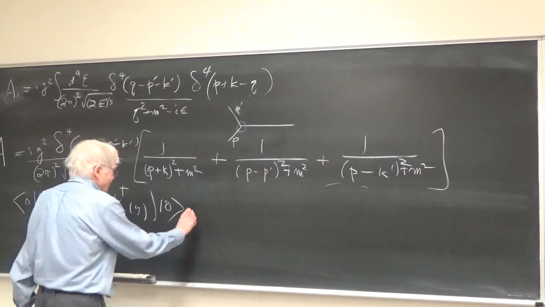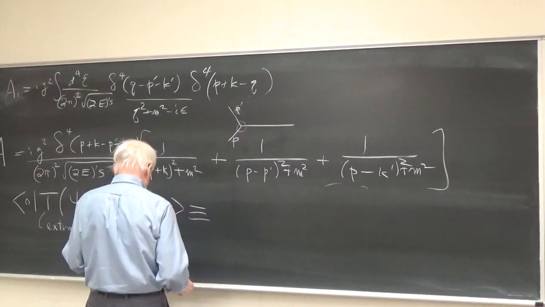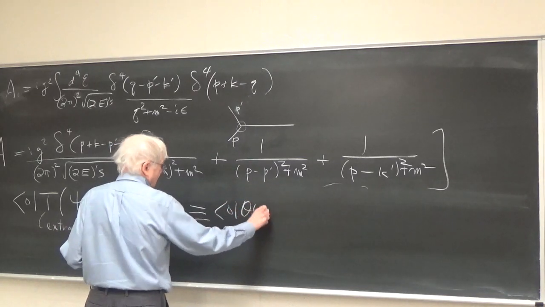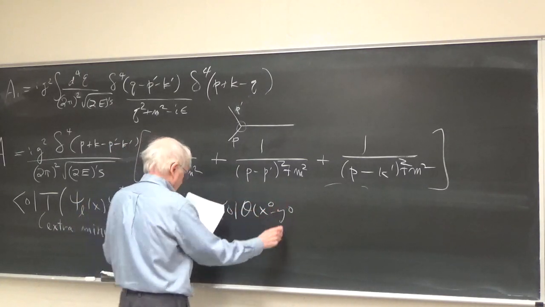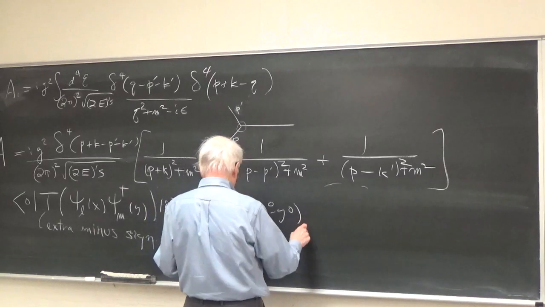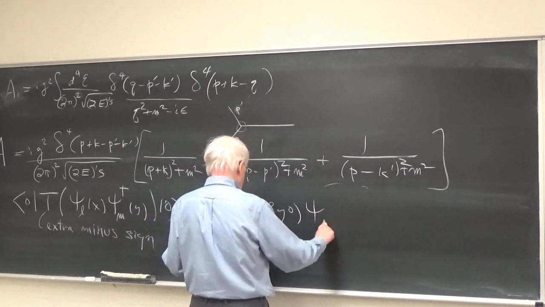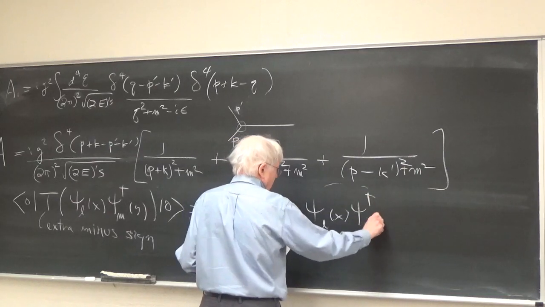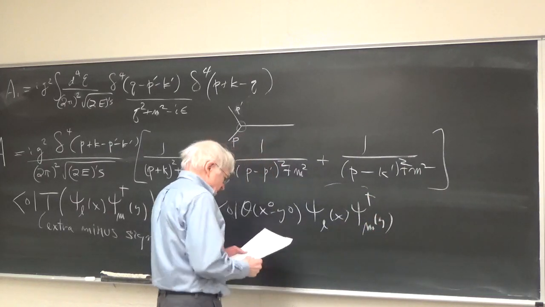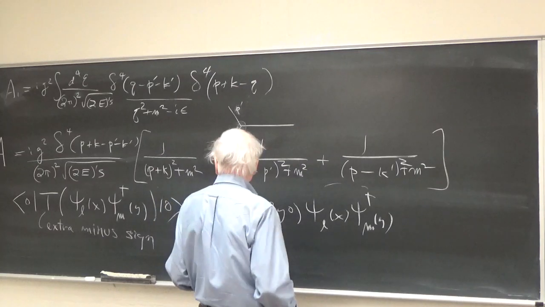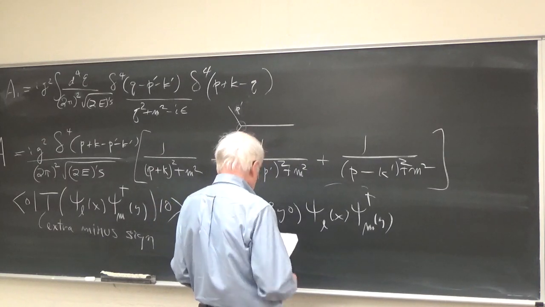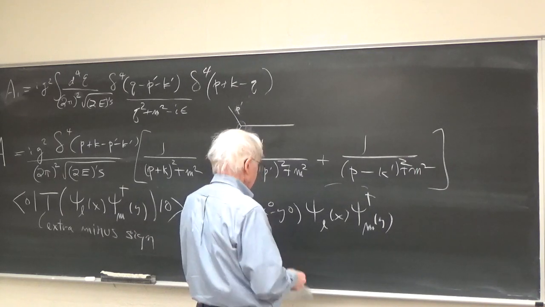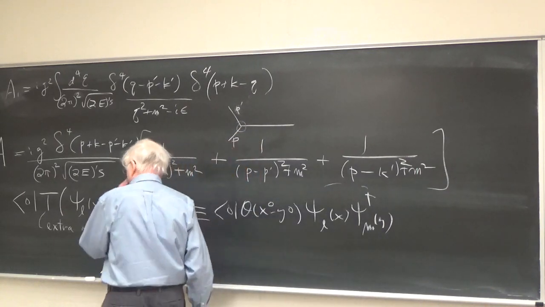Okay, so the definition of this is theta of x0 minus y0 psi_l of x psi dagger_m of y. In fact, the way I did it in the notes was I said, let's look at this in the most general way.